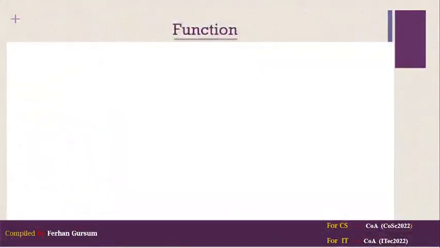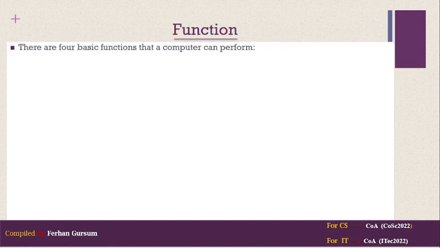Function. There are four basic functions that a computer can perform. The first one is what? Data processing. The second one, after it processes, is data storage. The third one is data movement, and the fourth one is what?